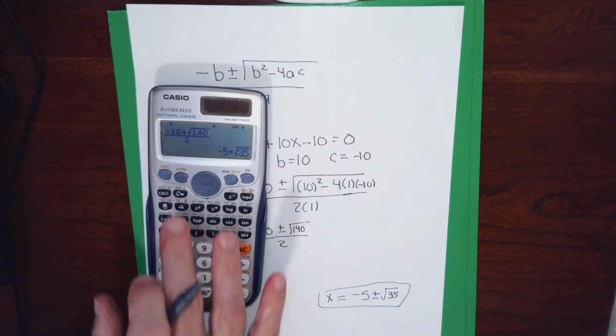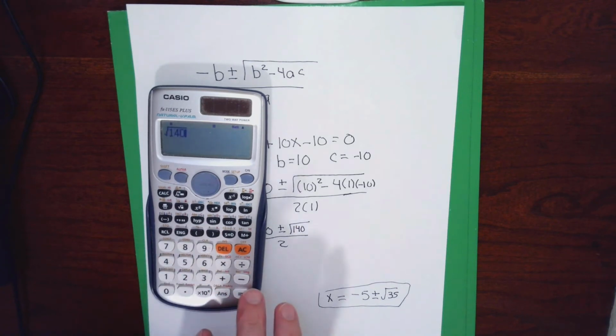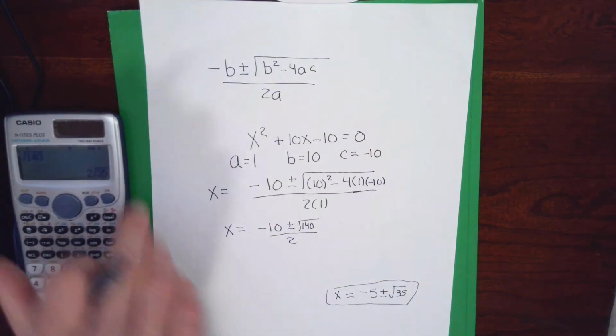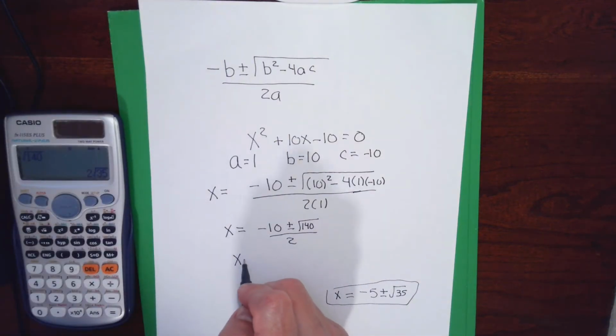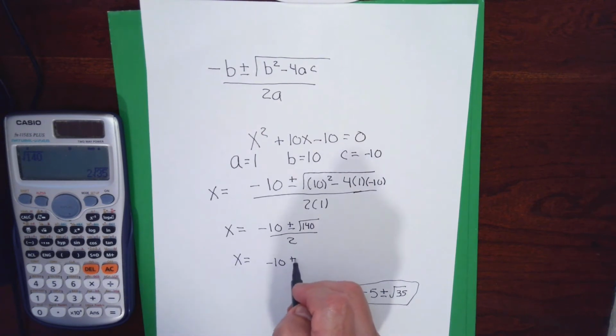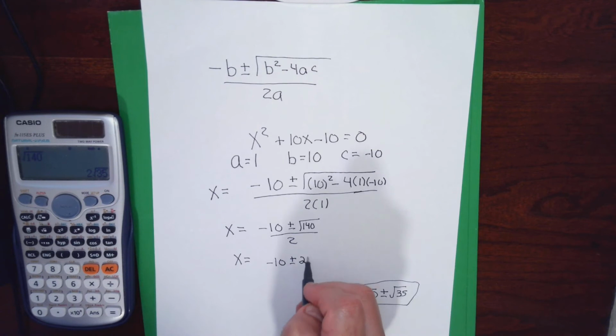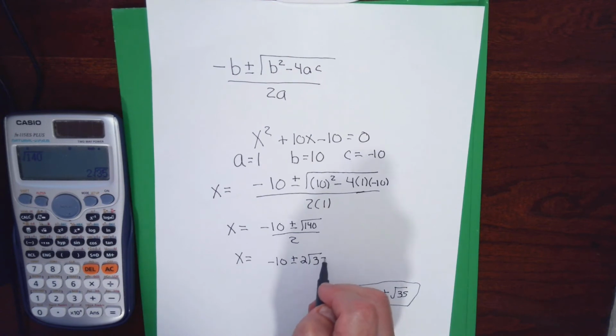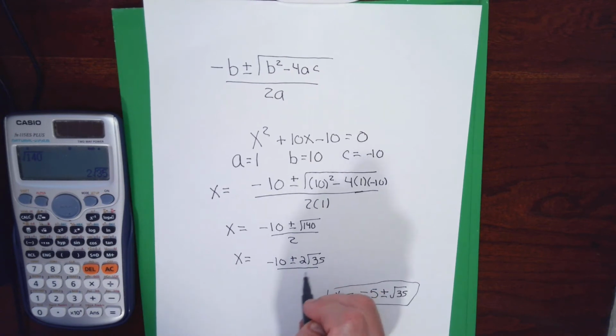Let me be lazy and reduce the square root of 140 to save some time on my calculator. The square root of 140 is 2 square root of 35. So I can rewrite this problem as x equals negative 10 plus or minus 2 square root of 35 over 2.